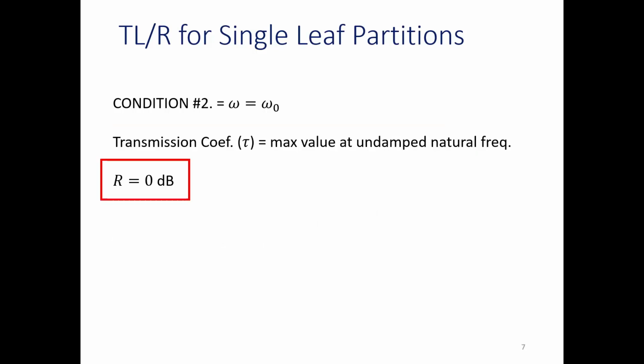So condition 2 is when we are at the natural frequency. In that case, even though we probably aren't looking at this condition usually for a partition because it's such low frequency, it's still useful to realize this concept because there are going to be other resonances that we're going to study with other types of partitions here soon.